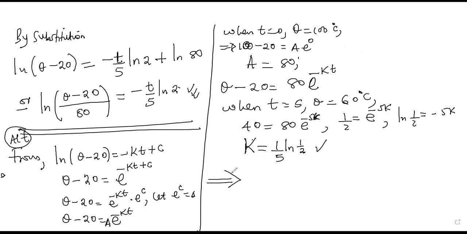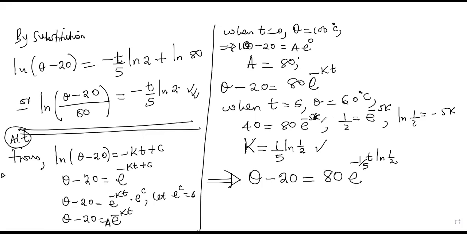So you will have your general equation as theta minus 20 is equals to 80, which was A, e power negative 1/5 t ln a half. So that is what I really have.